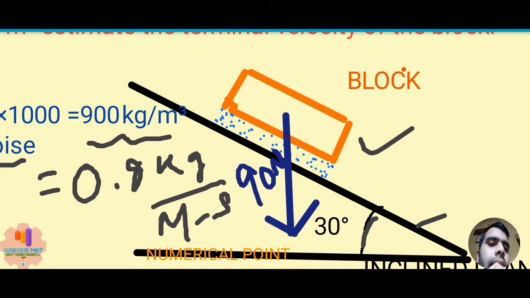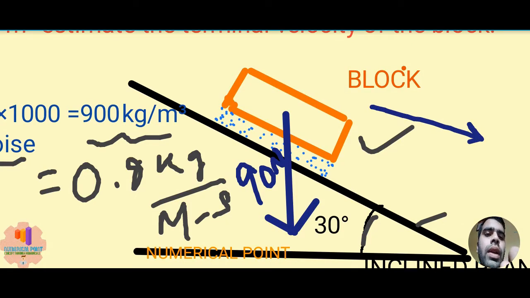What are the other forces that will act? The other force will be the viscous force, that is the shear force by this liquid. As the block tends to move in this direction, the viscous force will act in the opposite direction.